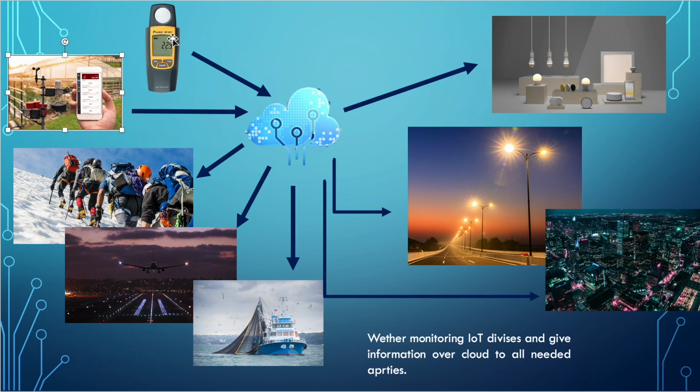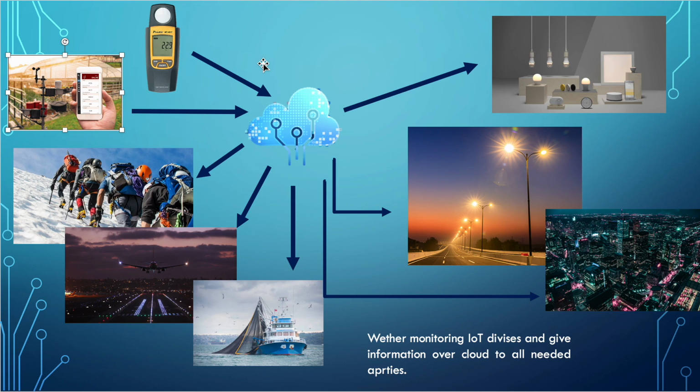Data from these IoT devices, which are monitoring the weather or the environment, can be fed into the cloud or the internet, where cloud computing can take place. And after processing, that particular set of data can be used to take decisions or to activate other IoT things.